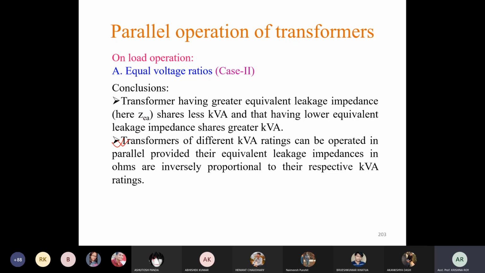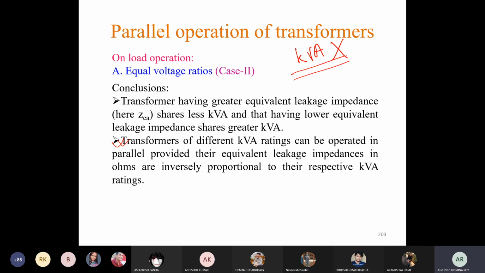I have observed that while asking what the conditions are for parallel operation of two single phase transformers, many students said that all the transformers must have equal kVA ratings. That is totally wrong. This is not a condition.